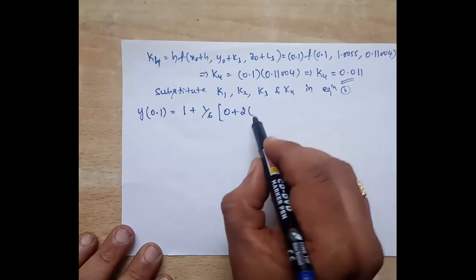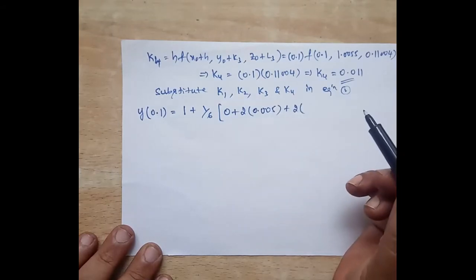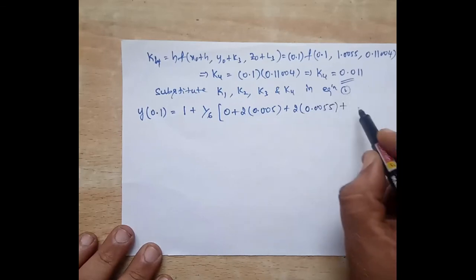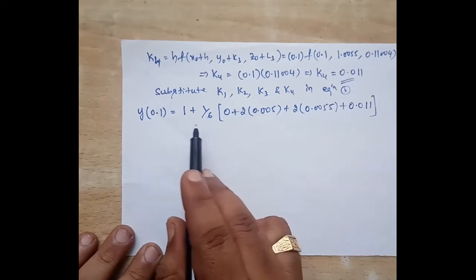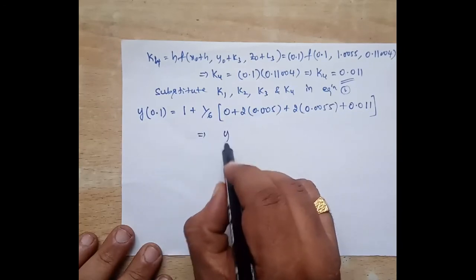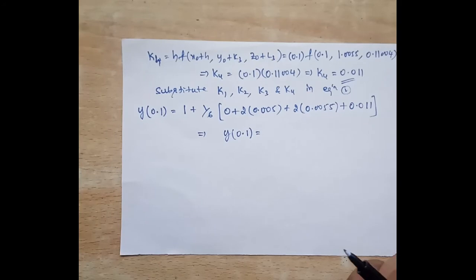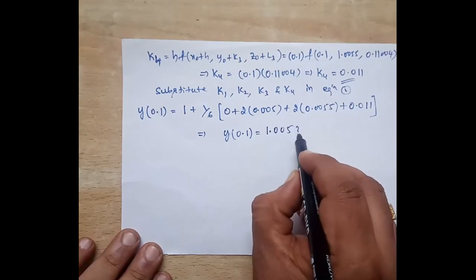K2 is 0.005 plus 2 into k3. K3 is 0.0055 plus k4. K4 was 0.011. So I've substituted all the values of ki's. Now use your calculator and simplify this. We get the value of y of 0.1. So the value of y of 0.1 for this problem is 1.0053.